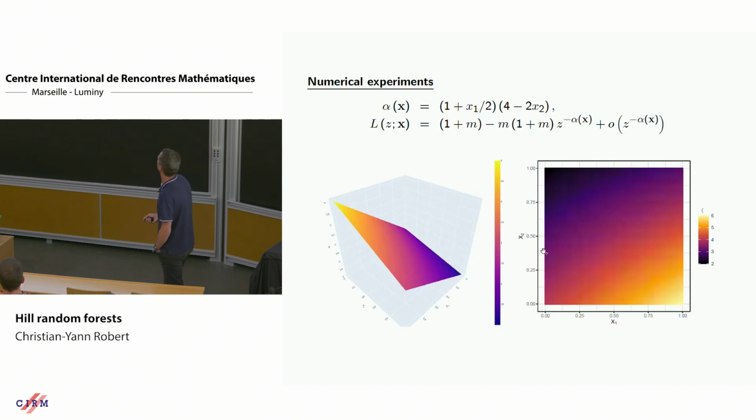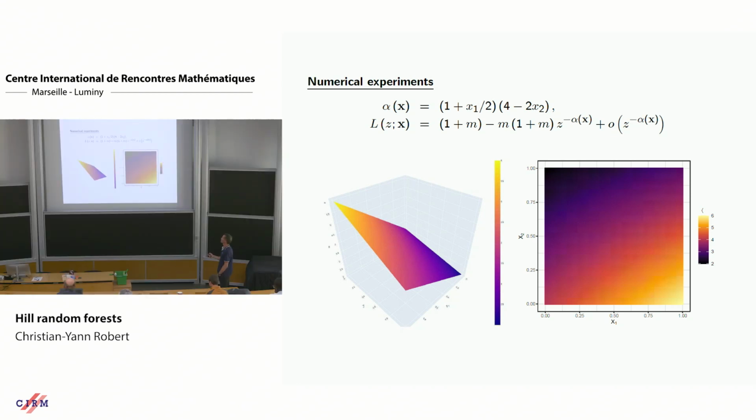And we also provide in the paper some numerical experiments. So quickly, here we consider two covariates over 0, 1, 0, 1. We assume a quadratic form for the tail index function over this space. We have a family of slowly varying functions with a parameter m, which gives you the idea whether you are close or not to the Pareto assumption.